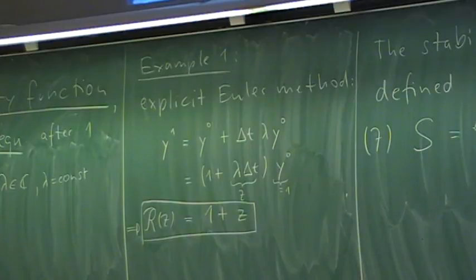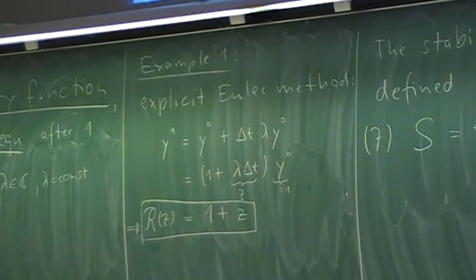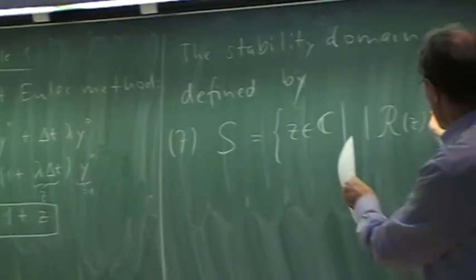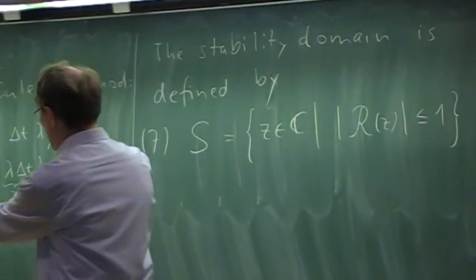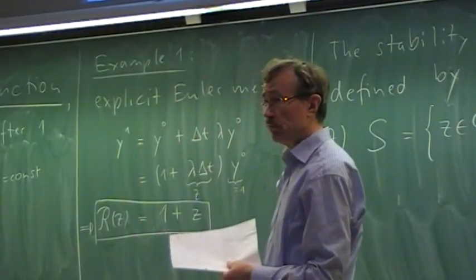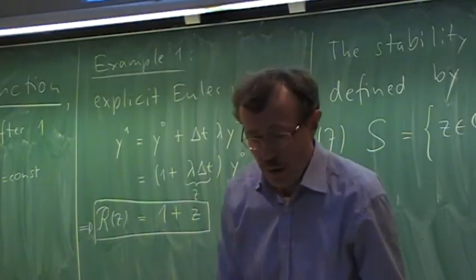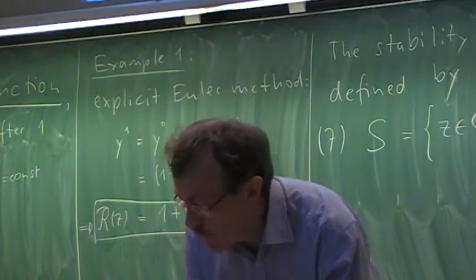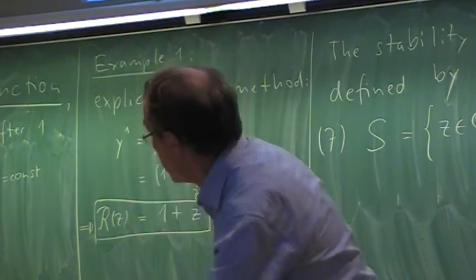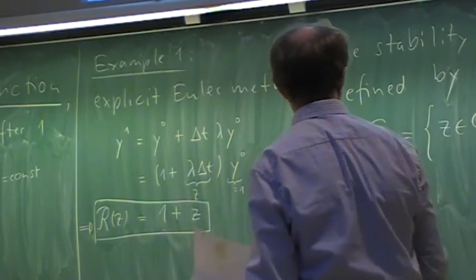And if we want to know then the stability domain, we look for all values such that the absolute value of 1 plus z is smaller or equal than 1. So that is the stability domain. Let's see for that. Well, can we understand what this is?